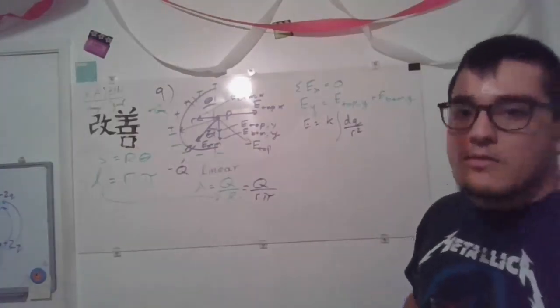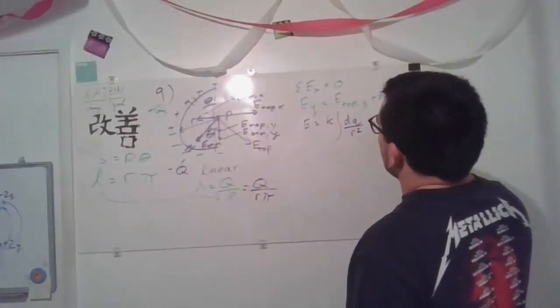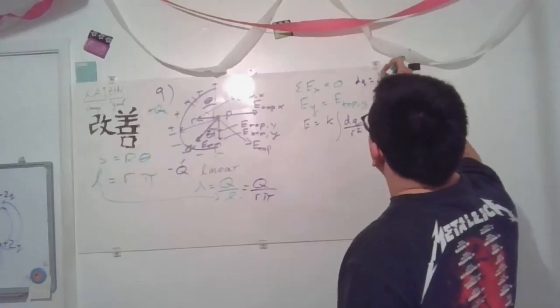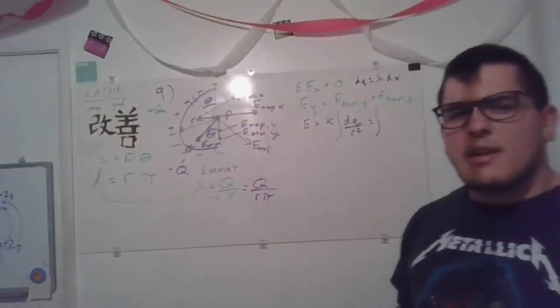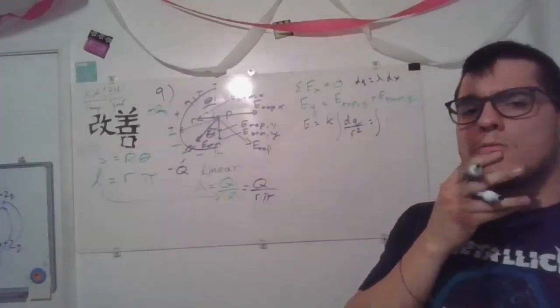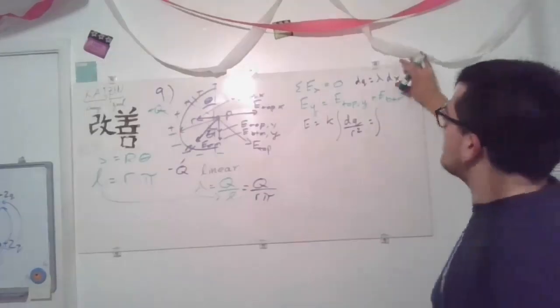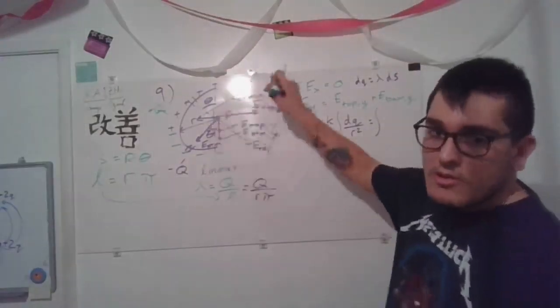It's just going to be R, right? R is just the radius. And dq is going to be what? Lambda dx. Am I wrong to say lambda dx, or should I say something else? Lambda ds, maybe. Lambda ds. Because it's distributed along an arc length.